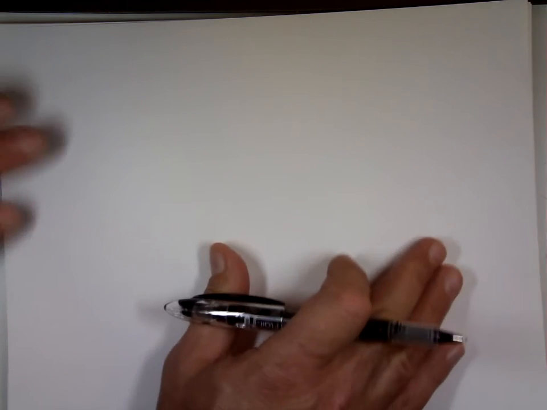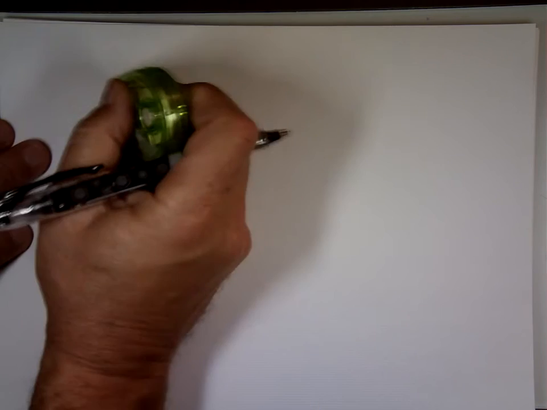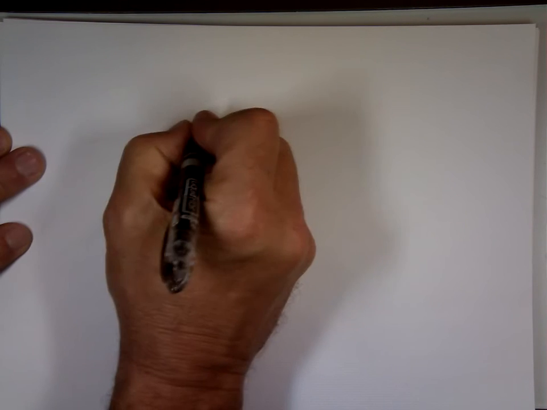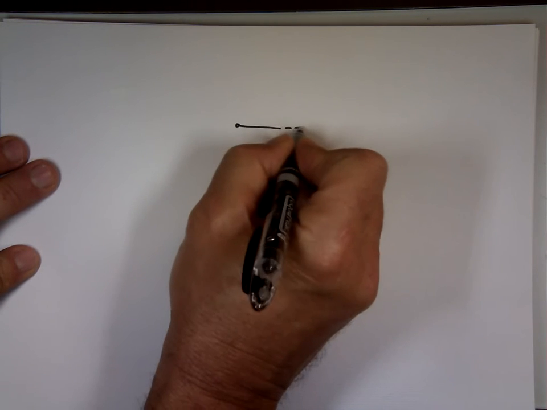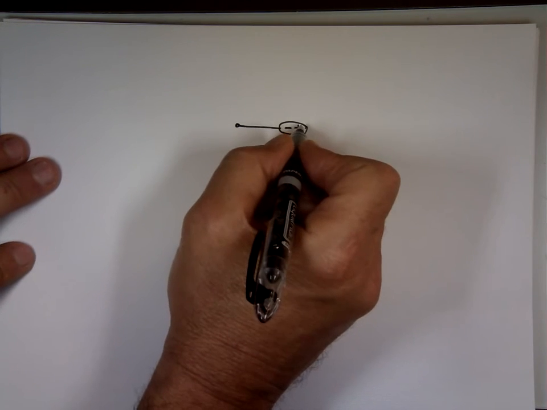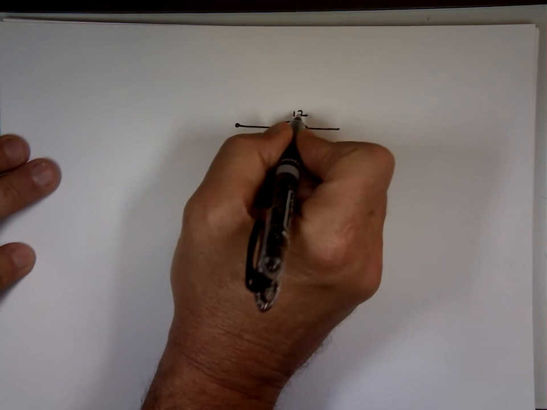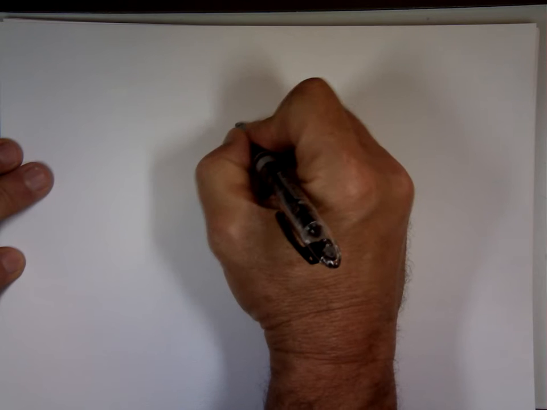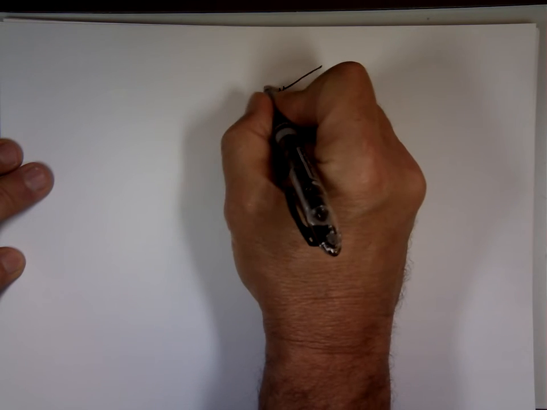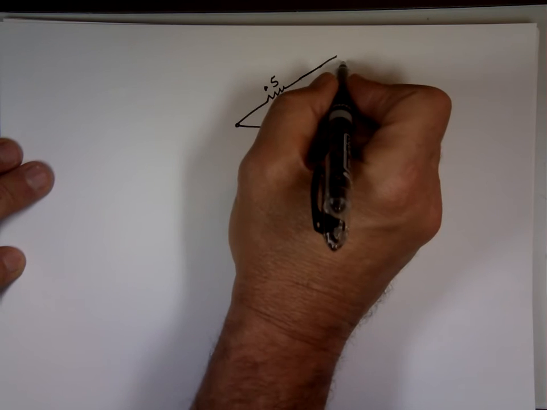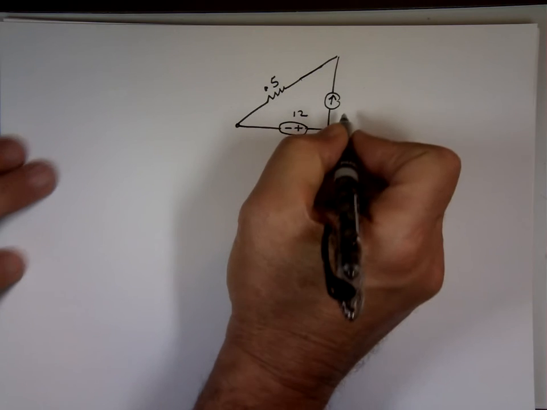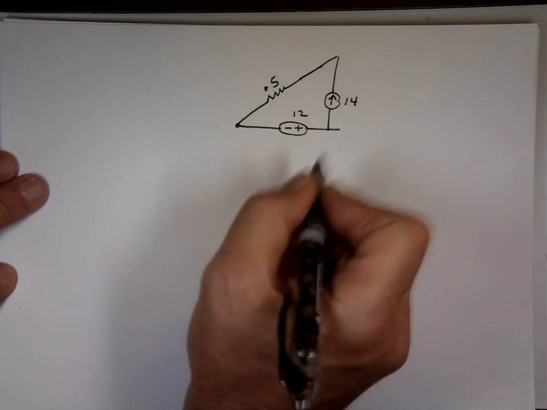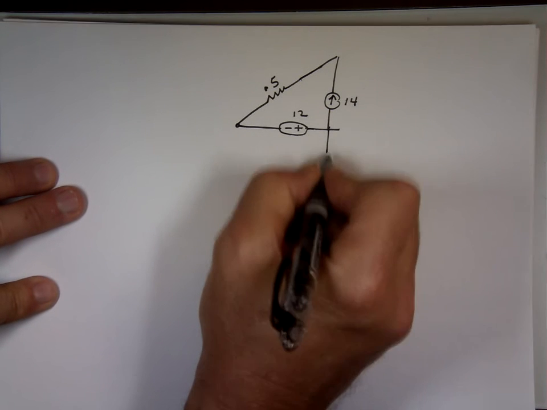So I'll take this example. Leave a space on the top because it's going to be the same picture. So I'm starting from the end here. This is 12, 0.5, 14, not 4, 14. 1.